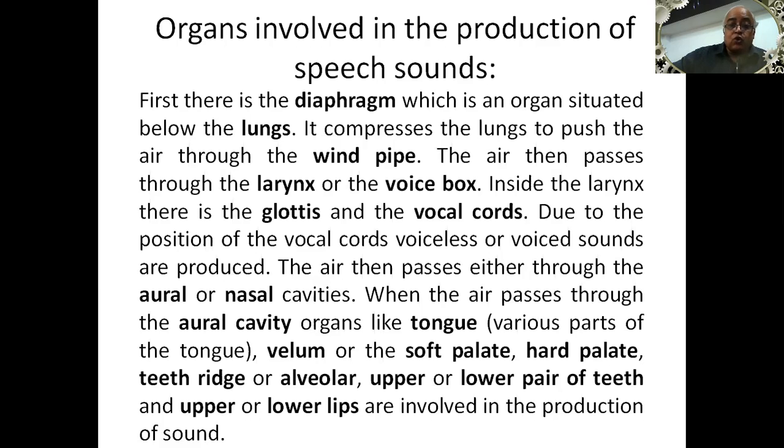When the air passes through the oral cavity, the various parts of the tongue, the tip of the tongue, the blade of the tongue, or the back of the tongue, the velum or the soft palate, the hard palate, the teeth ridge or the alveolar, the upper or the lower pair of teeth, the upper or lower lips, all these are involved.